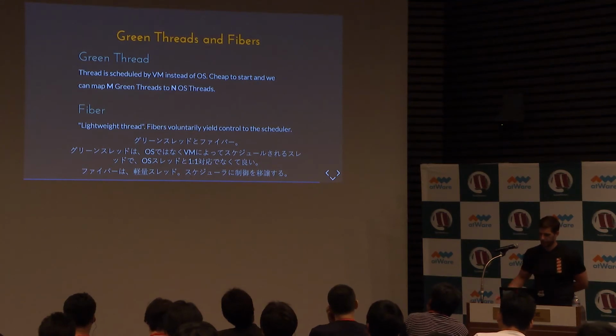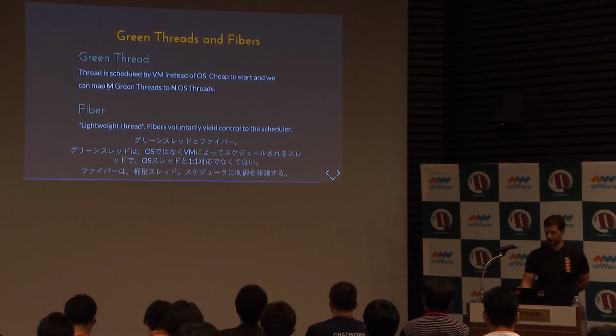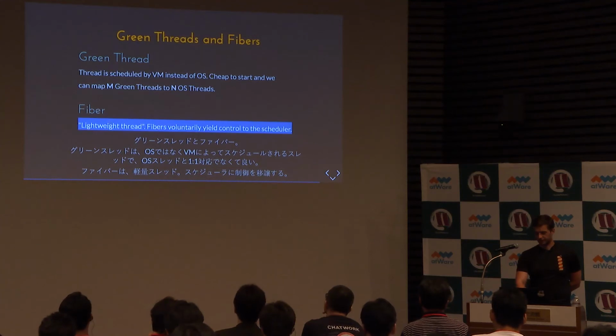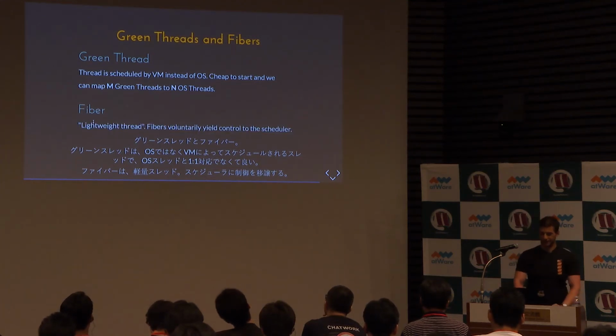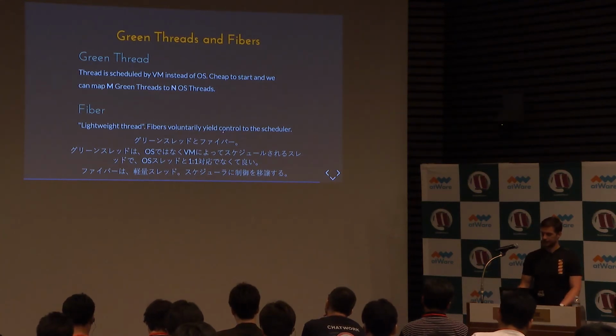So it wasn't the case with our threads. But basically, we can have different numbers of these threads than we have operating system threads. And the fiber, I think it's mostly about the fact that it runs until it explicitly yields control to the scheduler.